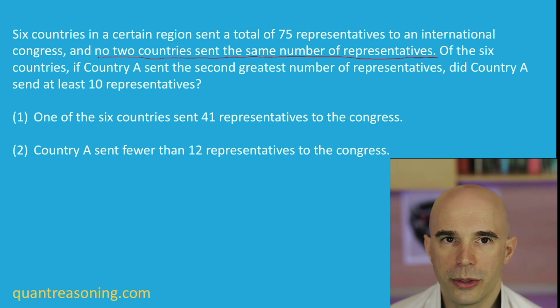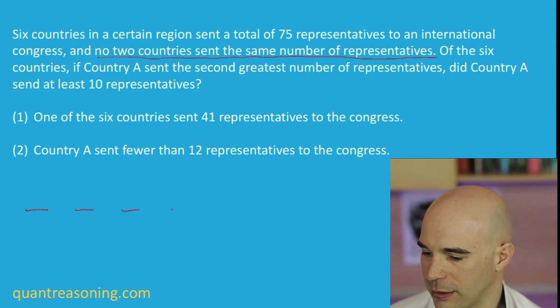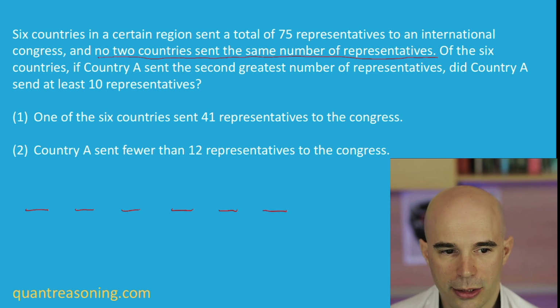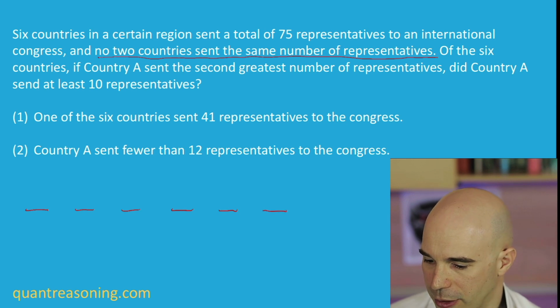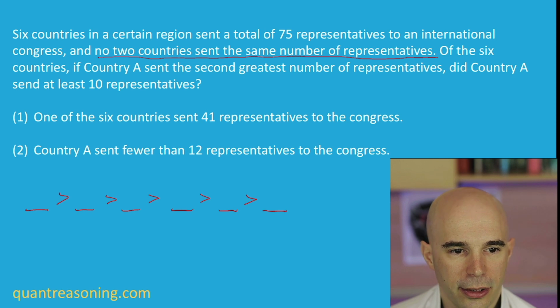And what I would do on my scratch paper to help myself think about this is I would draw 6 spaces, 6 horizontal lines like that, and then put a greater than sign in between each of them. So I'm arranging them in descending order from left to right.